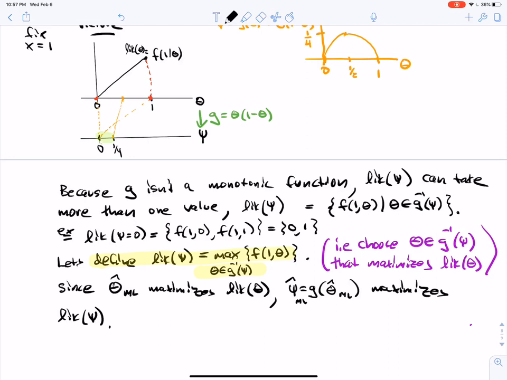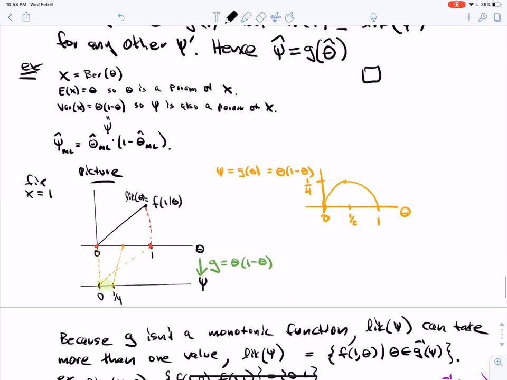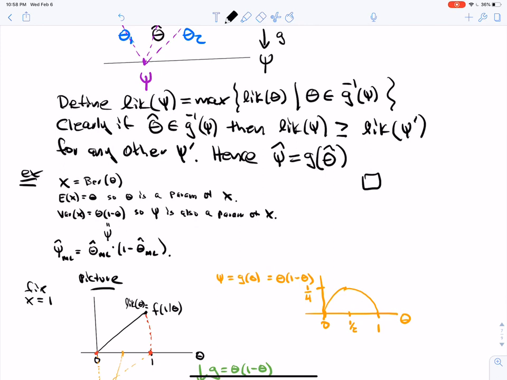So we're choosing our theta in G inverse phi that maximizes the likelihood of theta. Since theta hat ML maximizes the likelihood of theta, as I said earlier, phi hat is G of theta hat, and that maximizes the likelihood of phi. This will be a property that we'll use many times over, and I'll see you next time.